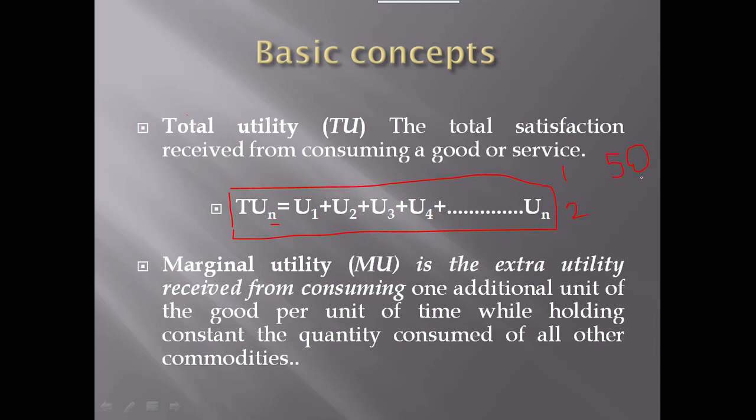U2, the utility received from the consumption of the second unit, is 40. The utility received from the consumption of the third unit is 32, and the utility received from the consumption of the fourth unit is 28.